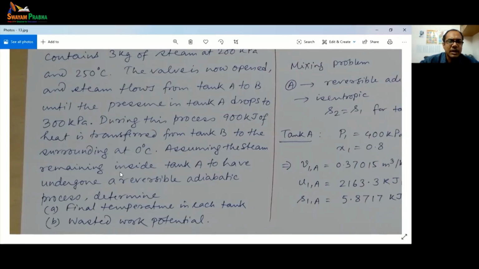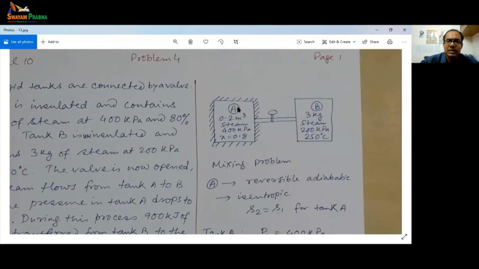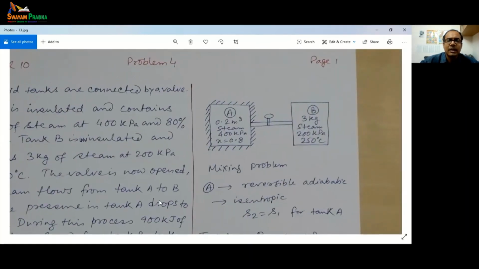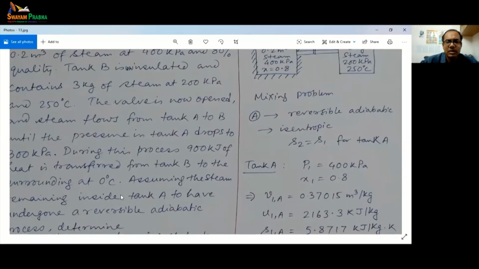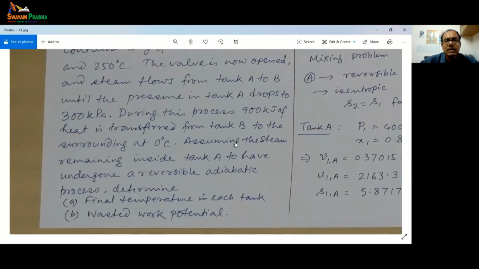Assuming the steam remaining inside tank A has undergone a reversible adiabatic process. Adiabatic is always there, because it's insulated, but whether it's reversible or not is not known. The problem statement says you assume the steam in tank A has undergone a reversible adiabatic process.